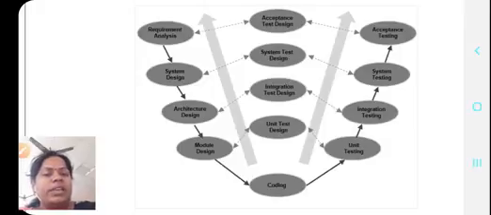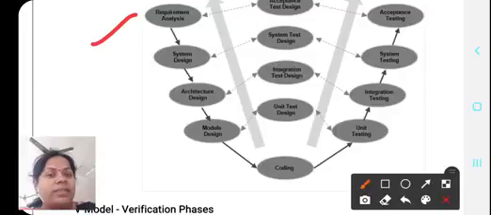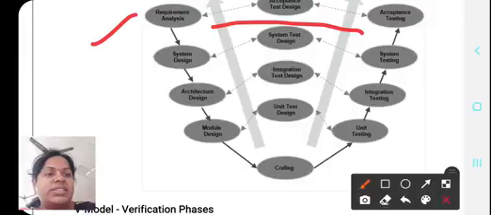It starts with the requirement stage, where the requirements are collected. Once the requirements have been collected, parallelly there is acceptance testing, which means the system is checked to see whether it is accepted.